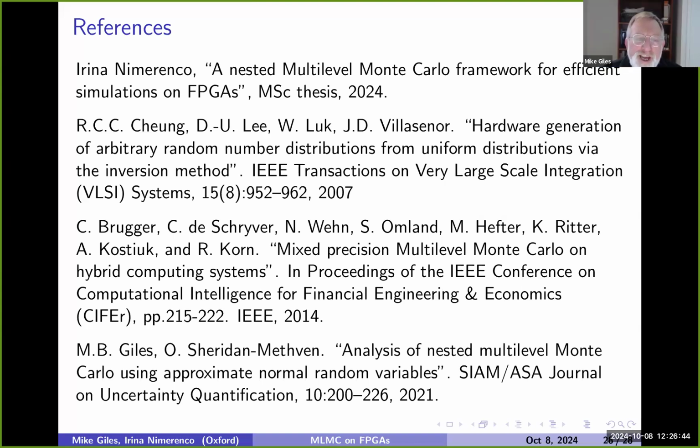Working with FPGAs is tough, I would say. Traditionally, they were programmed using a language called VHDL, and essentially only electrical engineers touched it. So it was really striking in the early days of GPUs that you'd have mathematicians talking about using GPUs, but it was electrical engineers who were talking about using FPGAs.